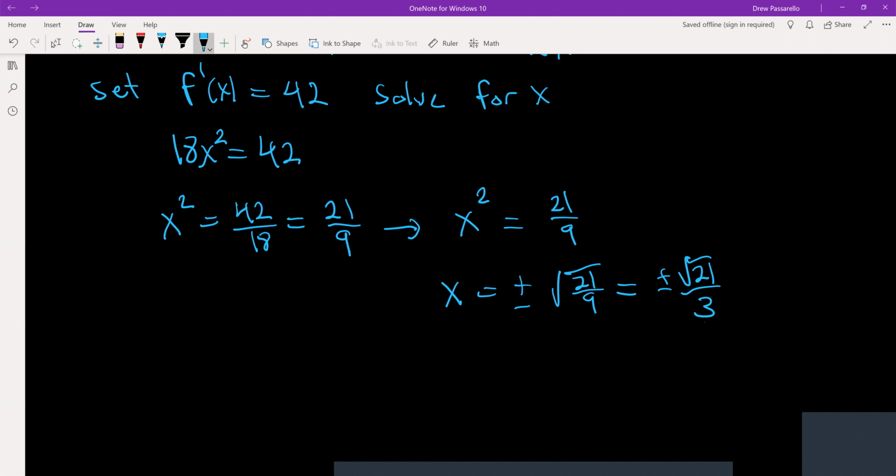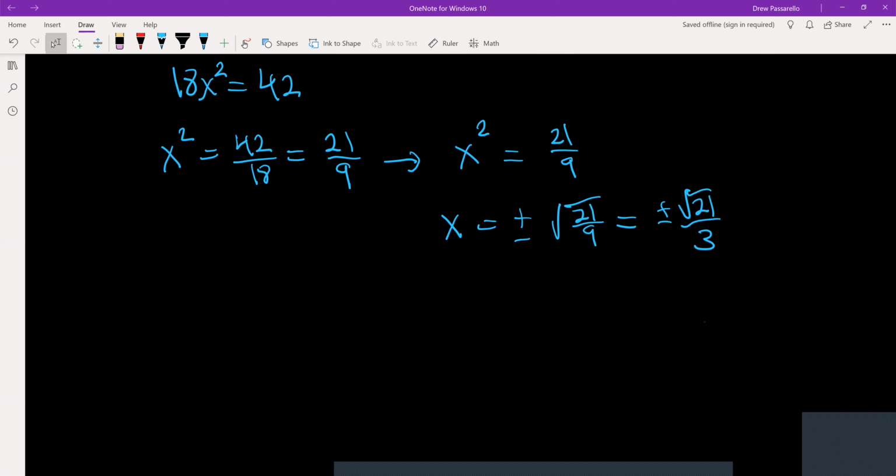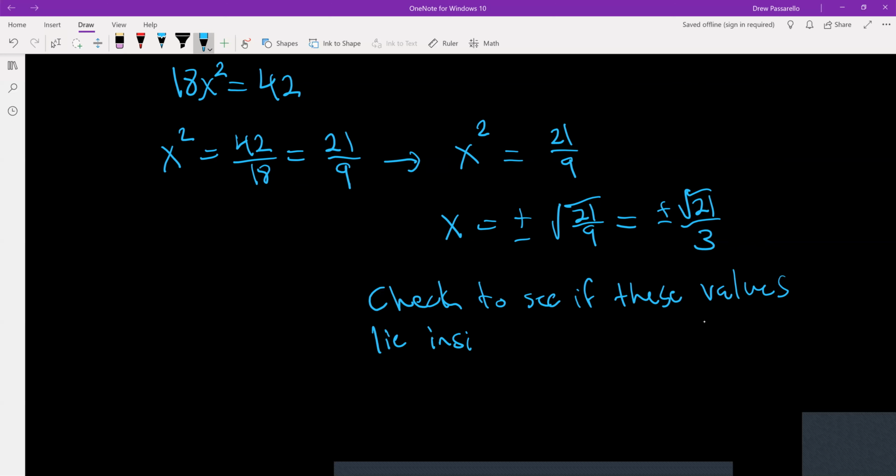All right, now I've got to keep in mind what our interval is. So we need to check to see if these values lie inside the interval. And the interval is 1 to 2, but we use the open interval for c.